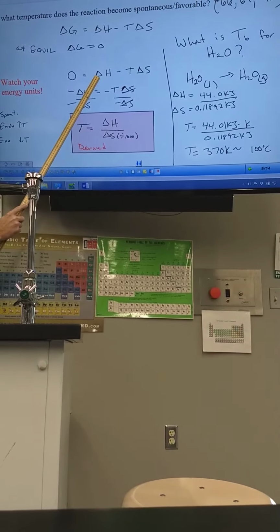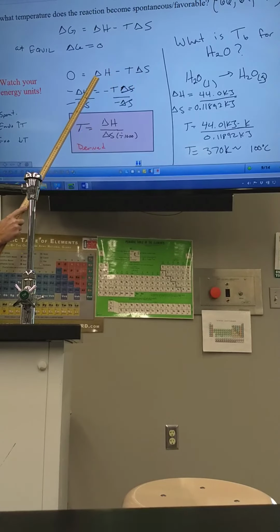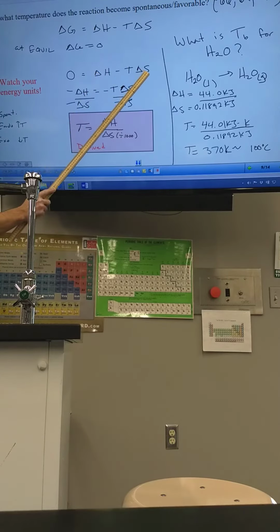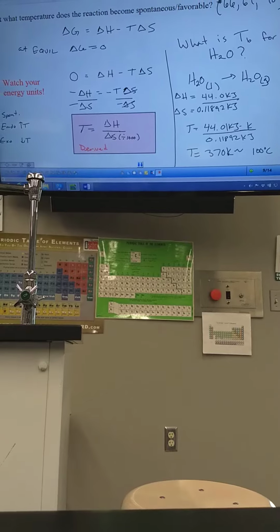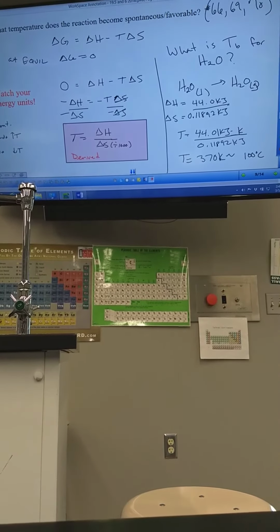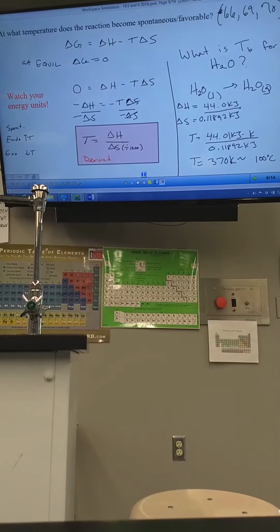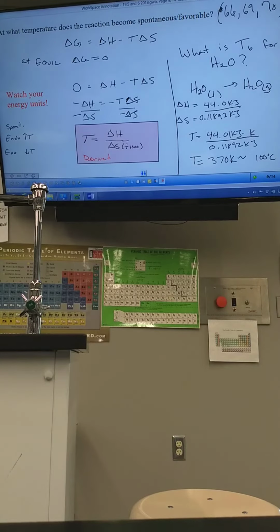Either this is negative and this quantity is positive, or this is positive and this is negative. Either both of these are positive, or they're both negative. That means that at some temperature, those two are going to add together to be 0. That's your temperature dependent process.